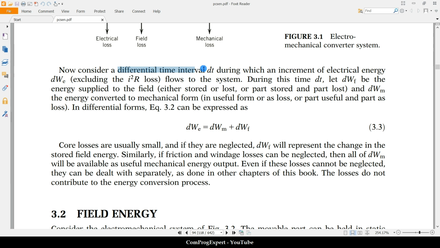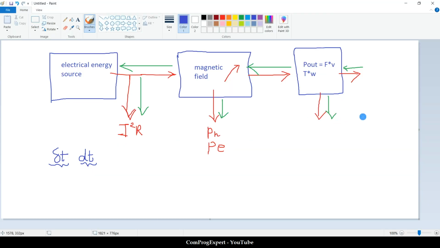So consider a differential time interval dt during which an incremental total electrical energy dWe, excluding I squared R loss, flows to the system. So here we have these notations. We is the electrical energy, Wf is the field energy in the magnetic field, and Wm is the mechanical energy.